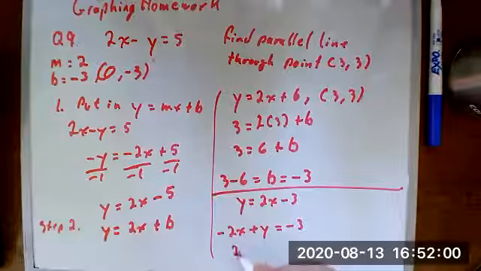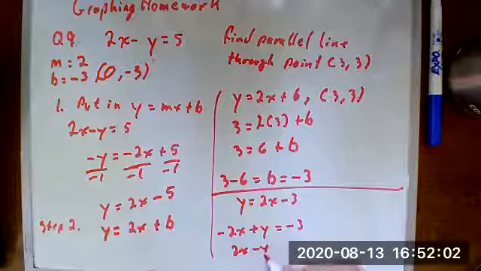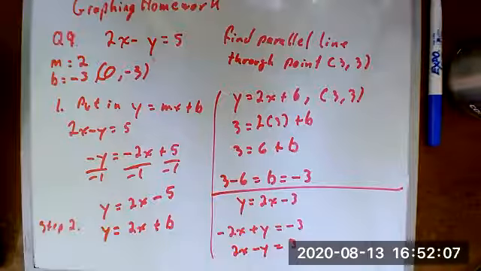And we end up with 2x minus y equals 3. So I think your question in there was, why is it negative 3 instead of 3? Has this made that a little bit more clear? Okay, cool.